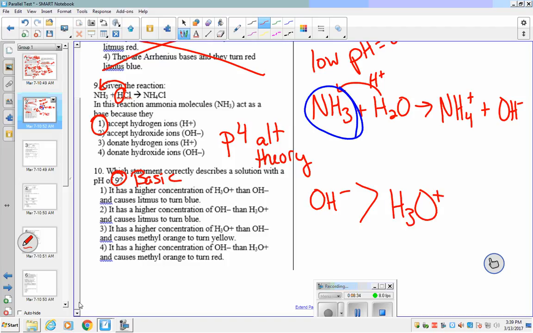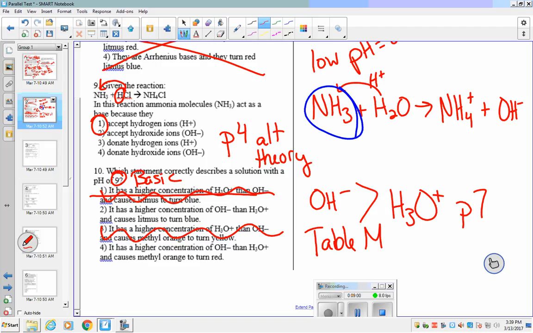That's another thing that we did in the notes, and you have a nice table describing it on page 7. So we want to have a higher concentration of OH minus, so it's not going to be choice 1. Could be choice 2, higher concentration of OH minus. We do not want it to be choice 3. Could be choice 4. Now we also have to go to table M.